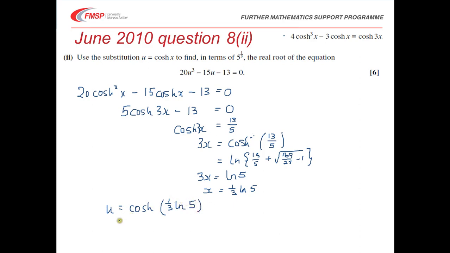And now we need, again, just to go back to our definition in terms of exponential functions. So that's going to be a half of e to a power of a third log 5 plus e to the minus a third log 5.